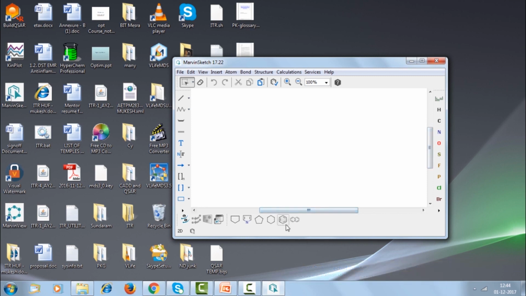Imagine I am drawing a benzene, and then I am connecting it with different bonds. I'm putting a double bond there, so I am making a ketone here, as you can see. Then I put again a double bond there, then I am putting a single bond there, and then I am adding another benzene here.